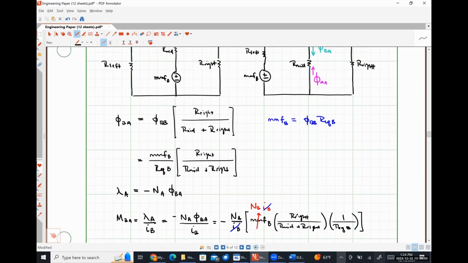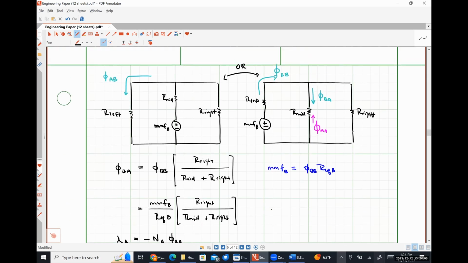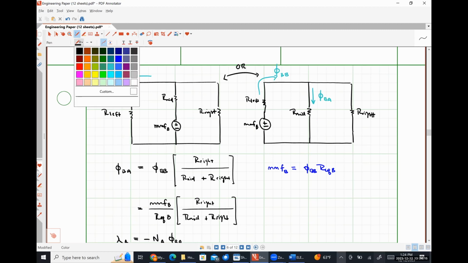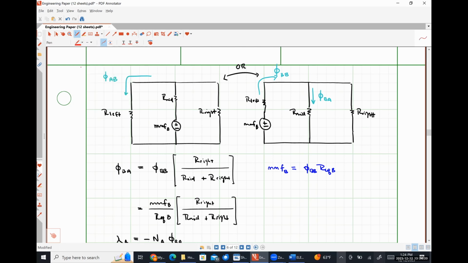Just for the sake of argument, how I had worked it originally was effectively using voltage division. So I found this MMF and then divided that MMF by the reluctance of the middle branch to find the flux flowing through that.